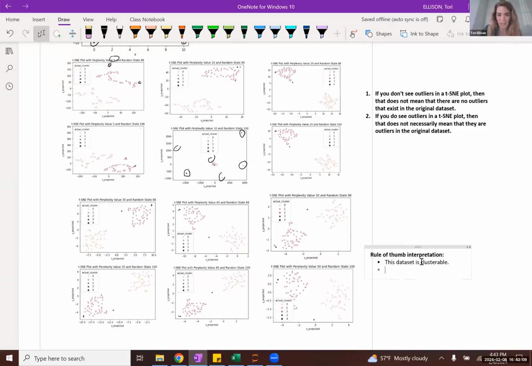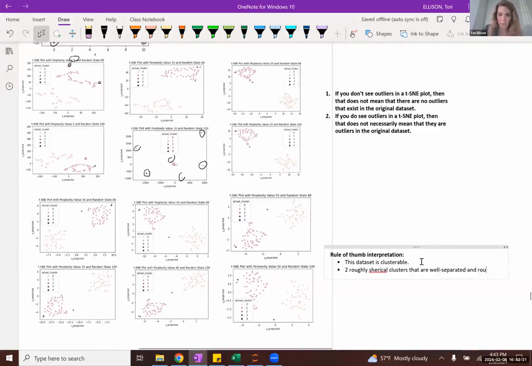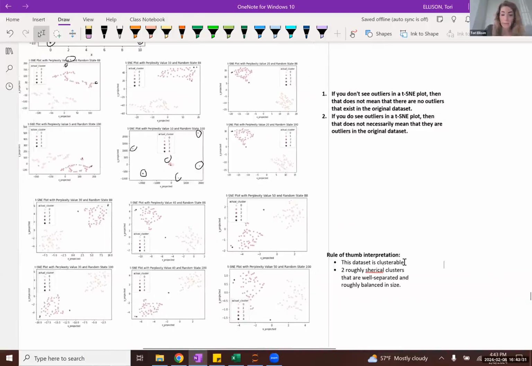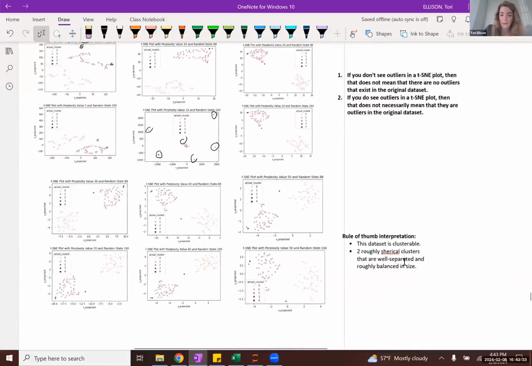It has 2 roughly spherical clusters that are well separated and roughly balanced in size. Okay, saying nothing about the outliers.